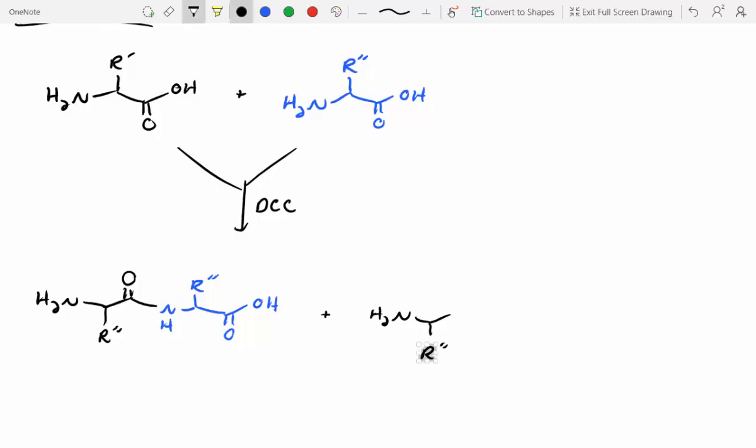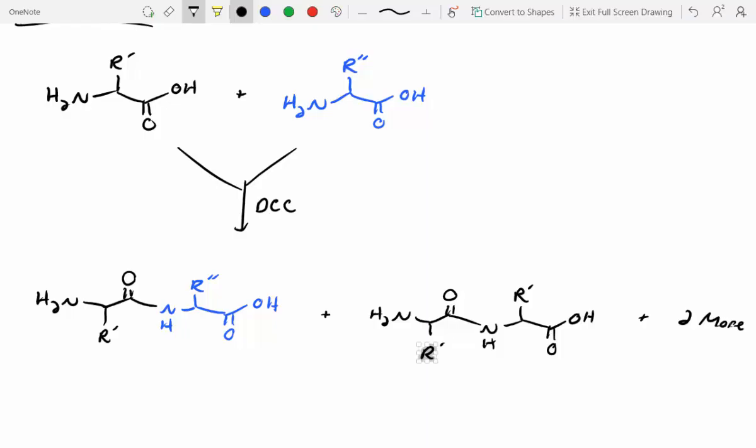We actually couple individual reagents together. And you could get two more of these, right? So you could have black and blue, blue and blue, or the inverse blue and black version of these.